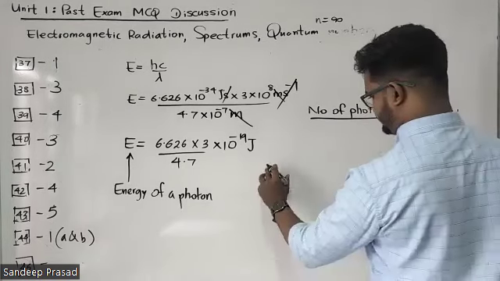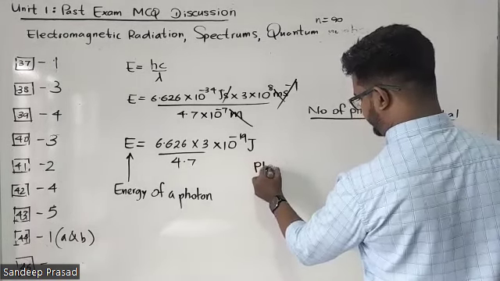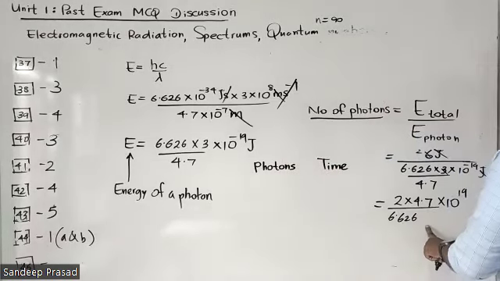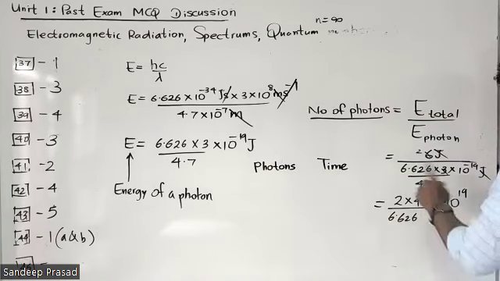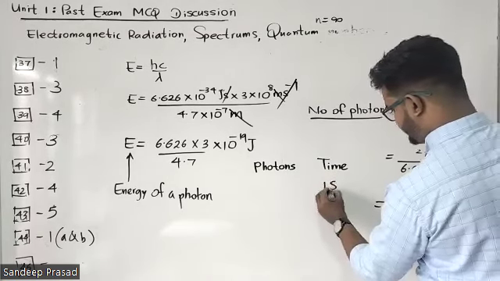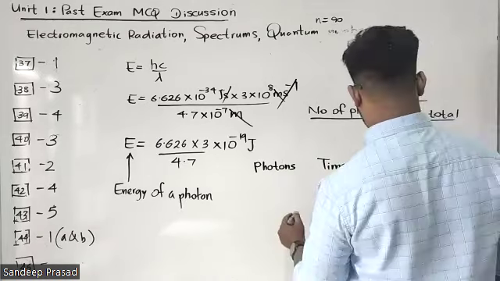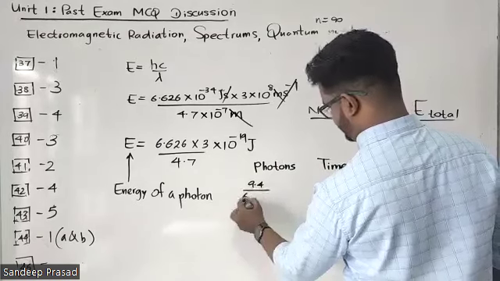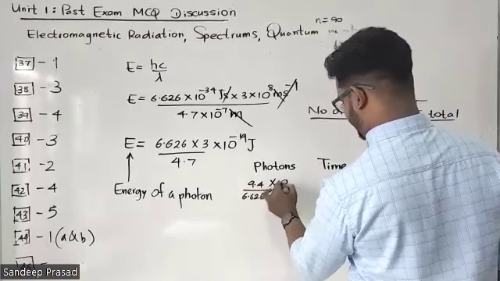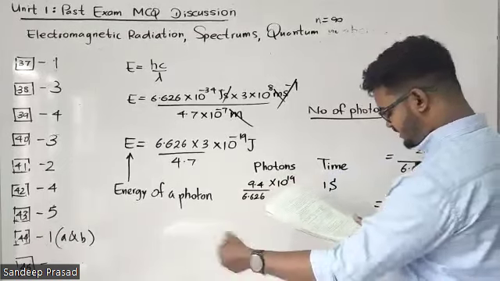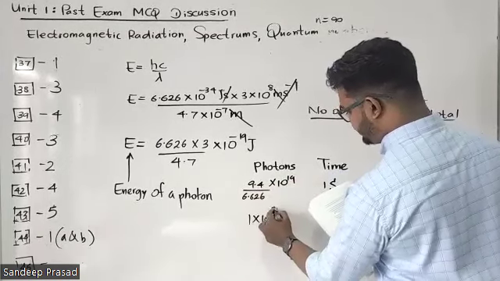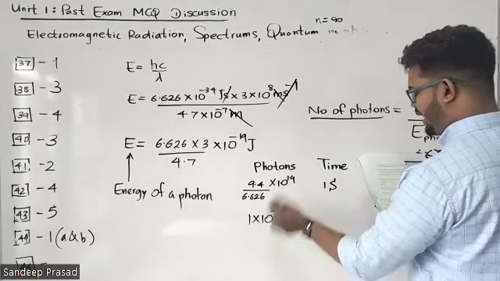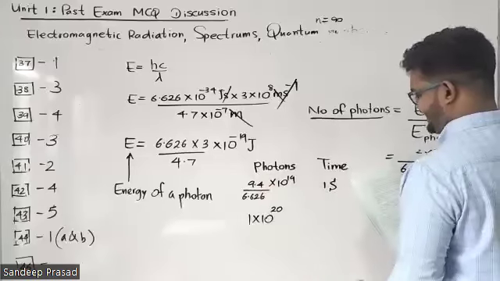Then look at this one. We can take those photons and the time. This amount of photons releases that energy within 1 second, right? So here we can say that this is 9.4 divided by 6.626 into 10 to the power minus 19 photons. They are asking, 1 into 10 to the power 20 photons will contribute for how much time to light that lamp.